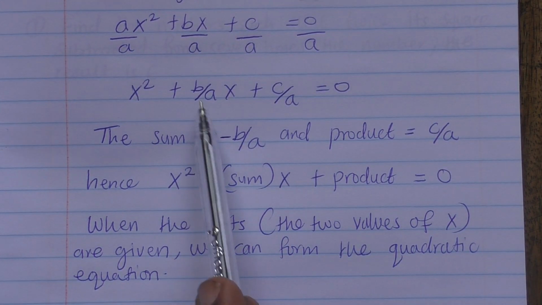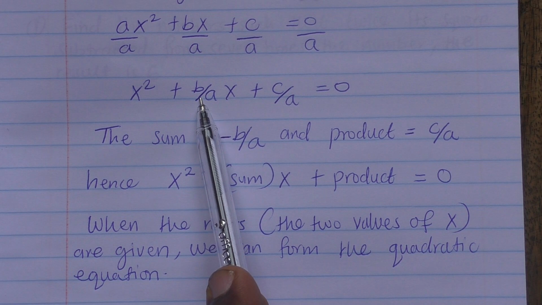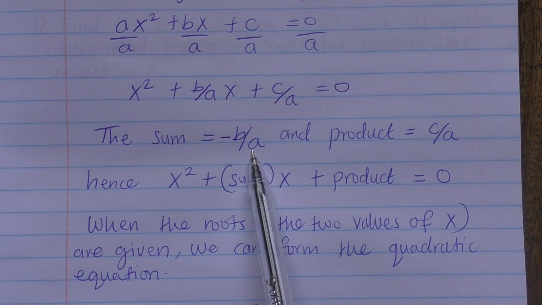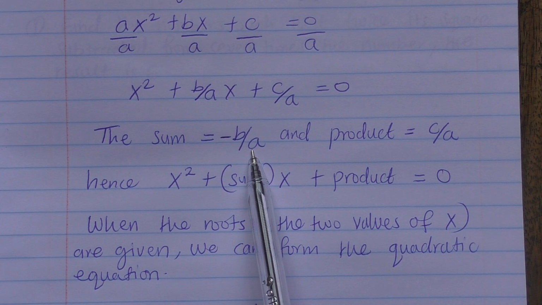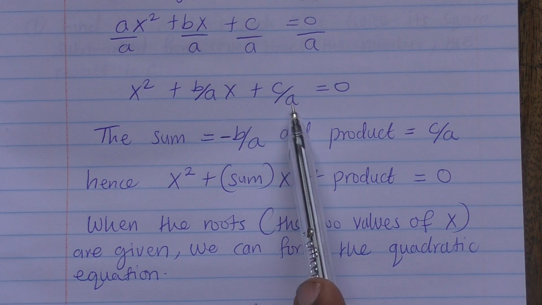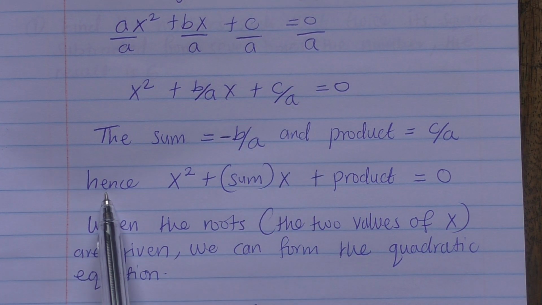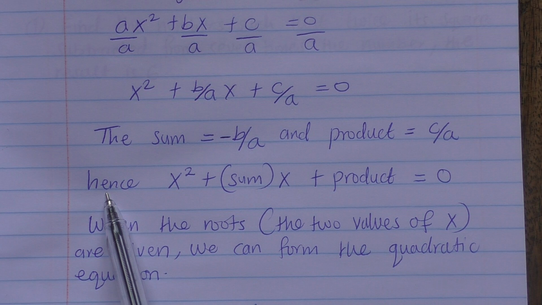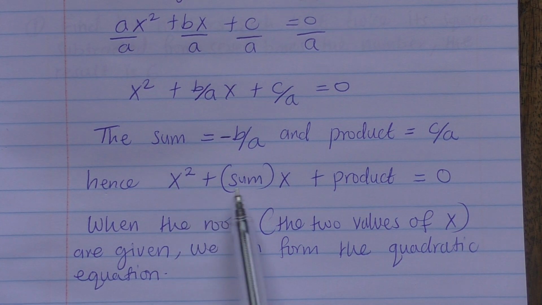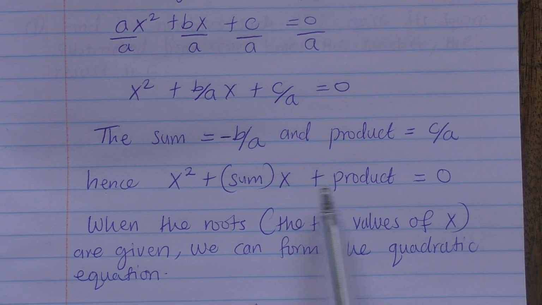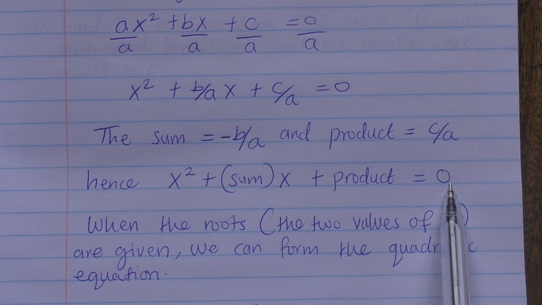The sum will be the negative of the coefficient of x, that is negative b over a. And the product will be c over a. Hence, that gives us a general equation as x squared plus sum times x plus product equaling to 0.